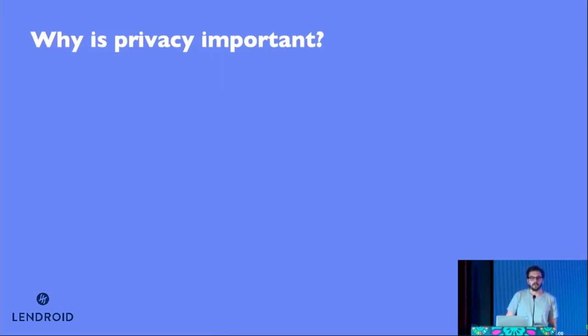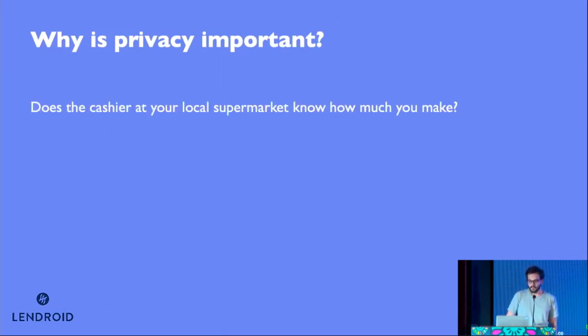Say I use public Ethereum, do I really want my local cashier to know how much I'm paid? Because if it's public Ethereum, they'll just be able to do that. They'll be able to step through your past transactions, eventually see the transaction that was your salary given by your company or by your boss. They'll also, by the way, be able to work out who your colleagues are and how much they're paid. And that feels a bit weird to me.